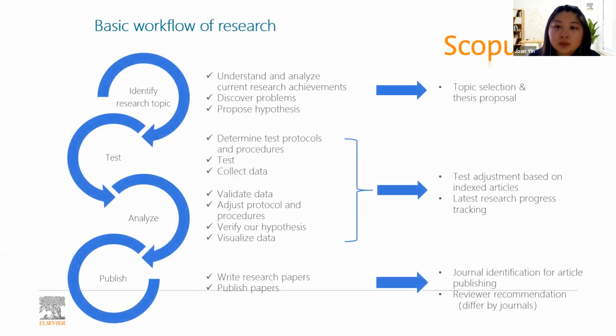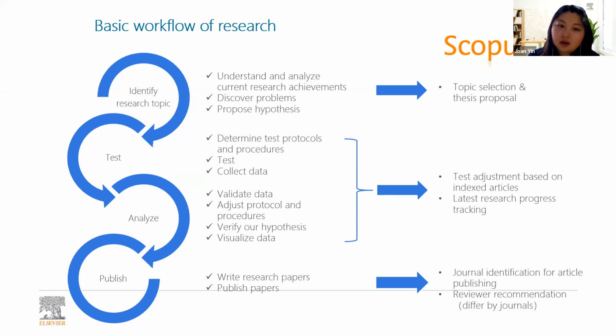Okay, back to what Scopus can help you with in your basic workflow. This picture shows what the basic workflow for a researcher is, and how Scopus can help during different stages.